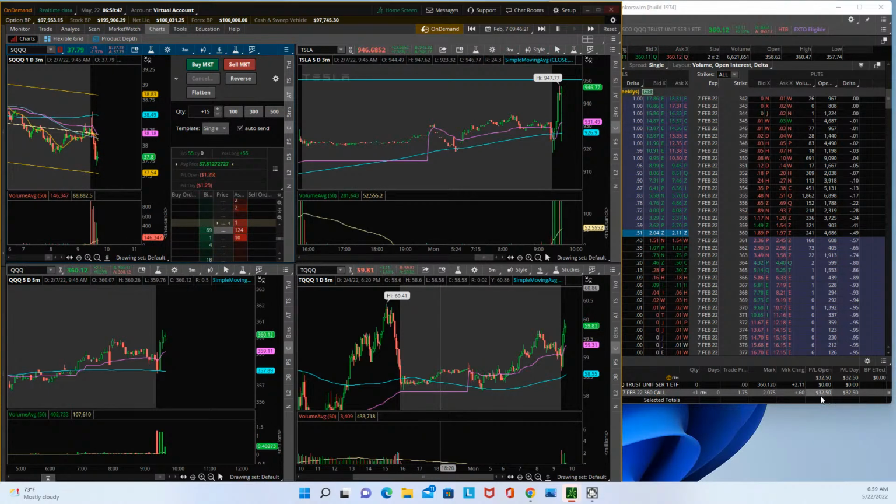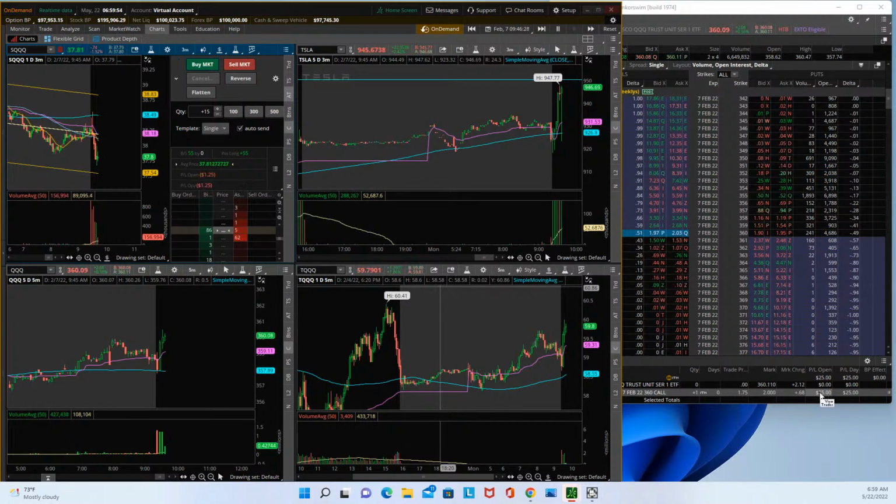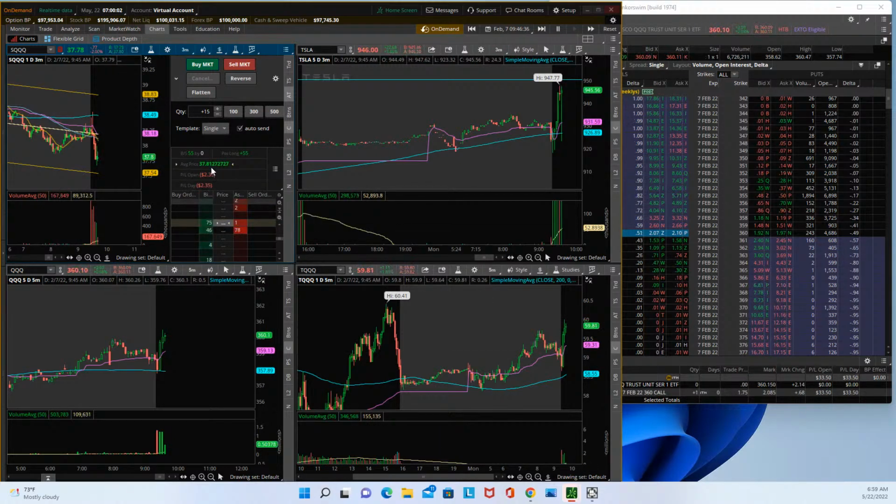Again, because time is passing, we're not gaining as much unless the stock really moves higher quickly. So we're seeing $30 here, and then we're losing $2 here, so that's fine.